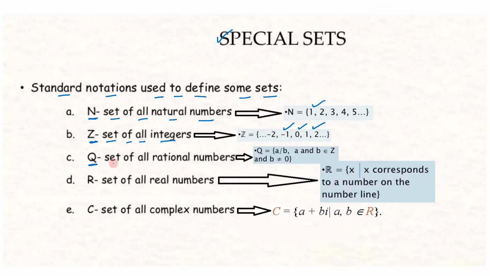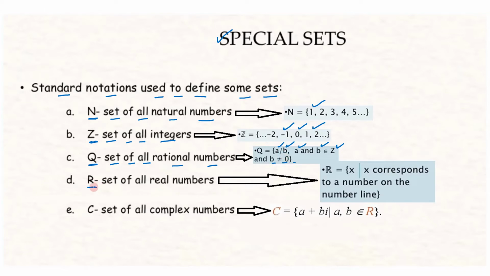Capital letter Q will be used to represent the set of all rational numbers. Here we'll be having a over b, where a and b belong to integers and b is not equal to 0. So in case of rational numbers, we know that the denominator can never be equal to 0.